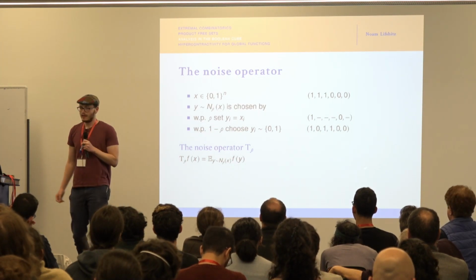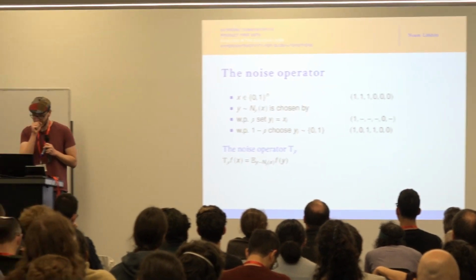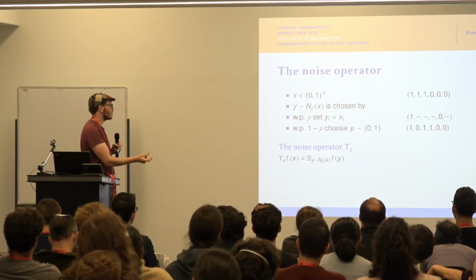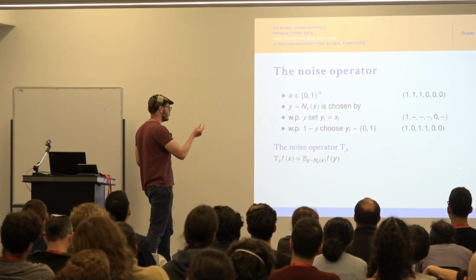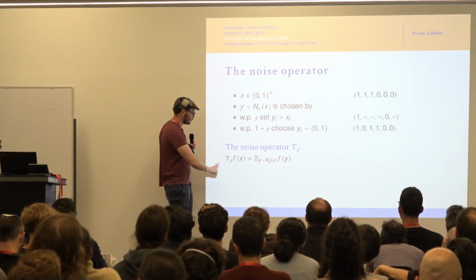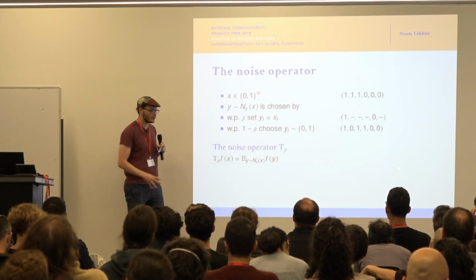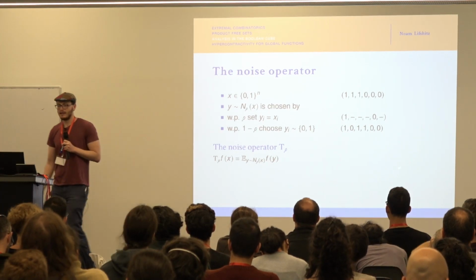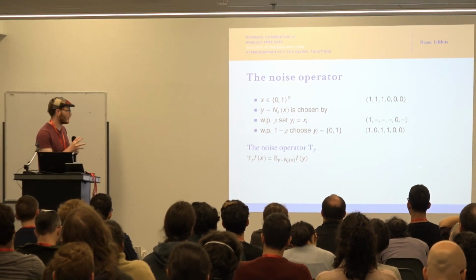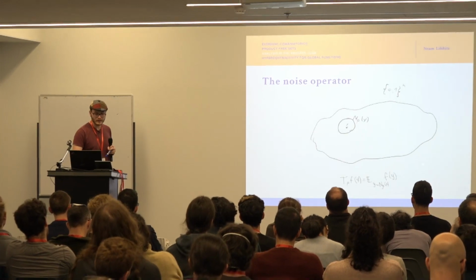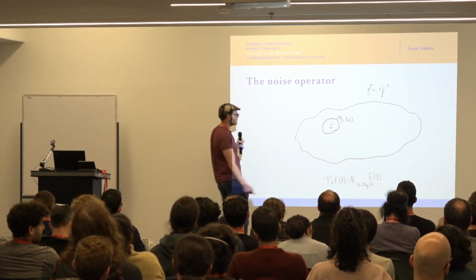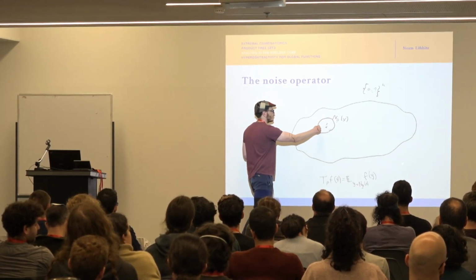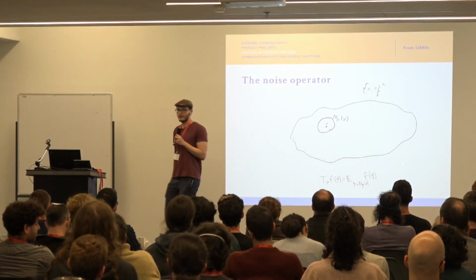Then you get some vector y that's close to the original vector x, and you get a distribution over these y's. You can then define the noise operator by taking expectation over y that's close to x. So you have this noisy process that starts with x and gives you some y in that ball, and you take expectations.